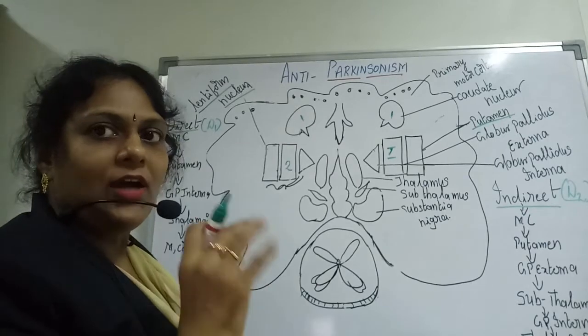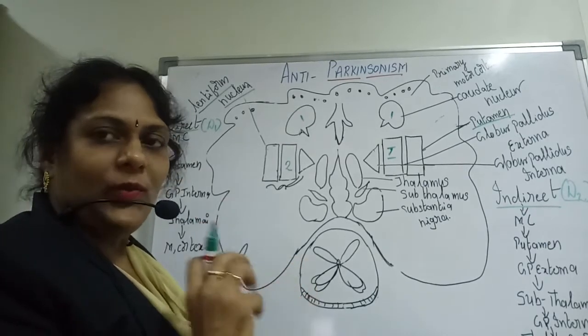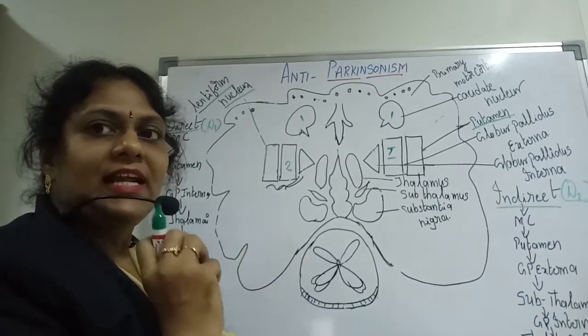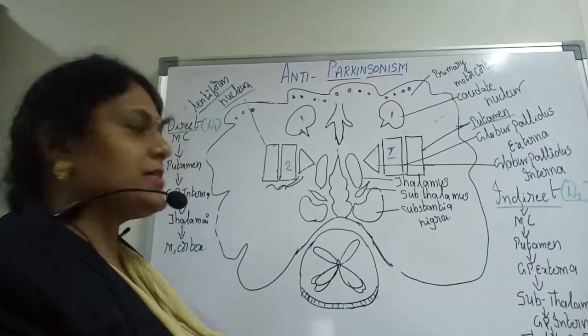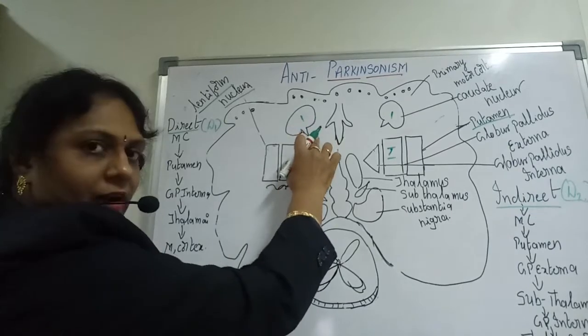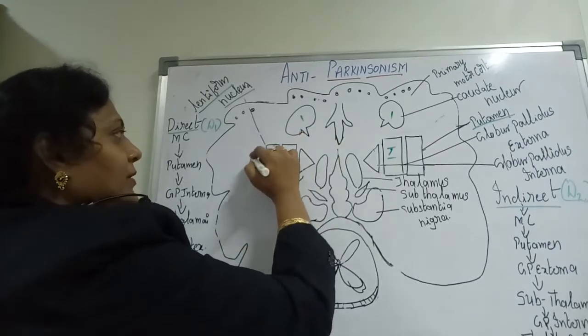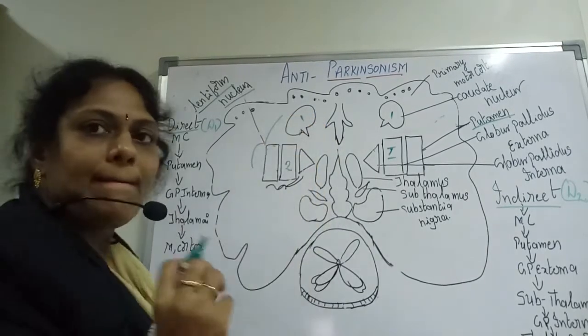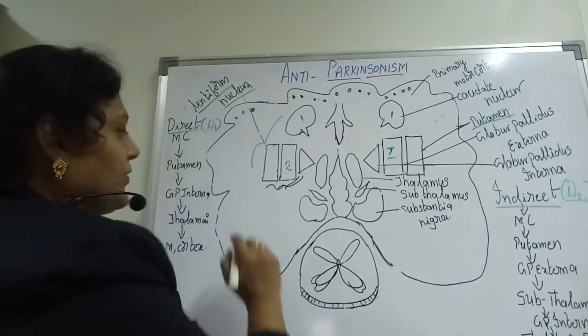You can indicate all three parts with one word: lentiform nucleus. And this lentiform nucleus and the caudate nucleus, both of them together are called the basal ganglia.